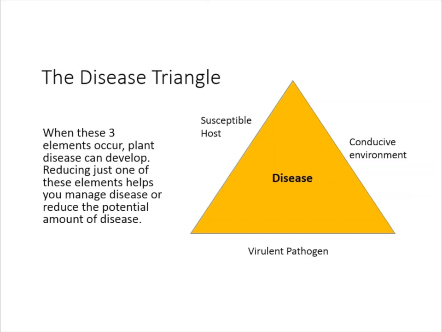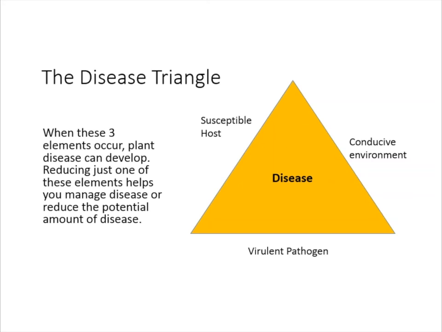So if you think of disease as a triangle with 3 required components, a susceptible host, a conducive environment, and a virulent pathogen, when you think about managing diseases, think about reducing the impact of any one of these components. In other words, if you make the side of the triangle smaller, then there's going to be less disease.